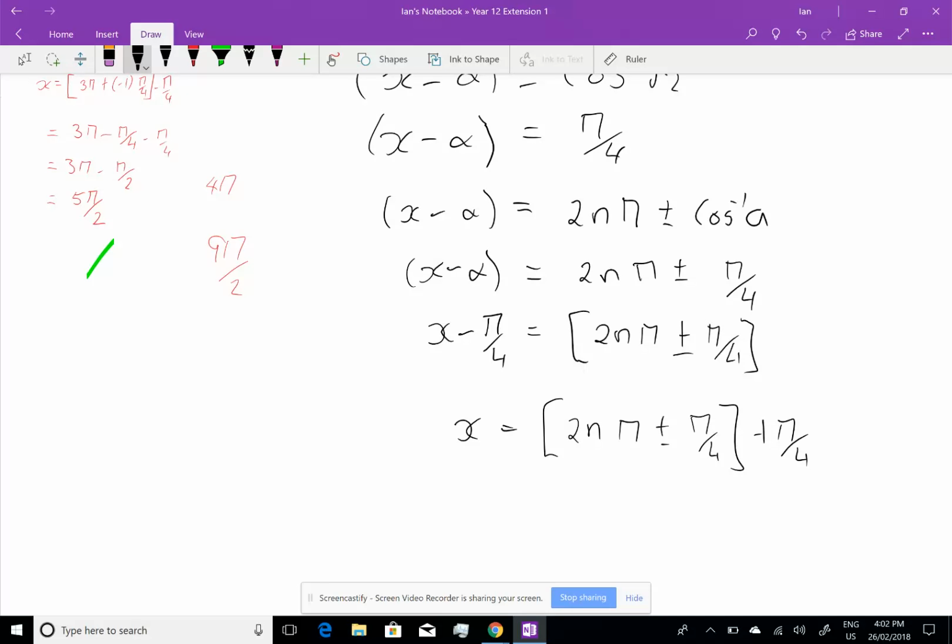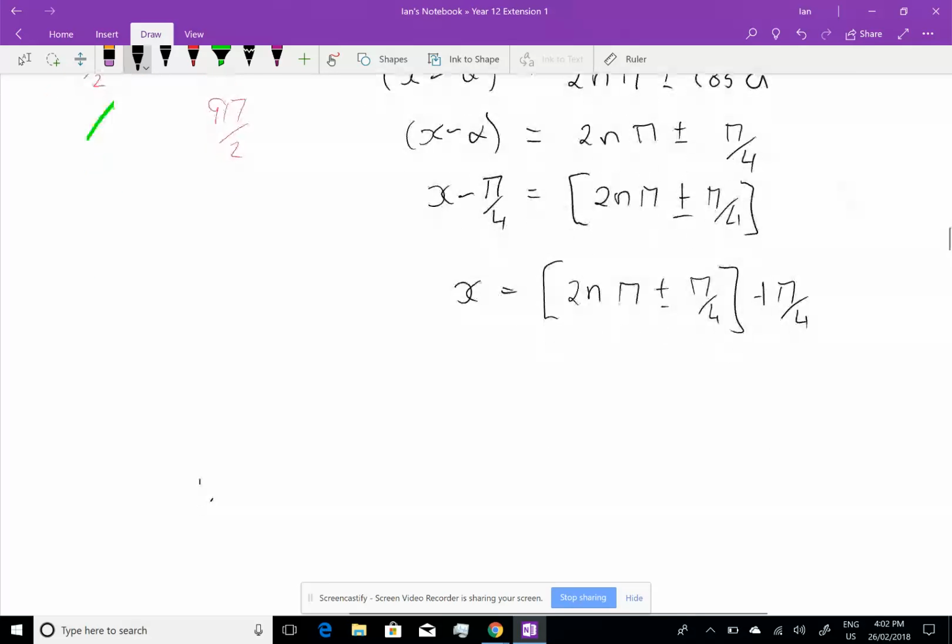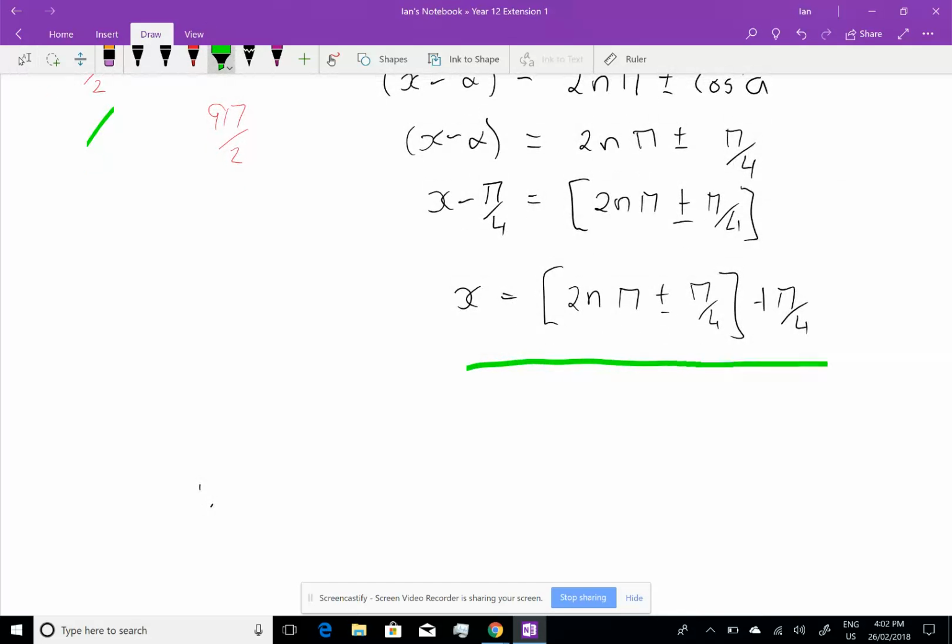Now I could write two formulas from this, which is what I think Margaret's done. I'm just going to leave it like that. I'm happy about that being my general formula. Let's test it. When n equals 0, I get 2 times 0 pi plus or minus pi on 4, plus pi on 4.